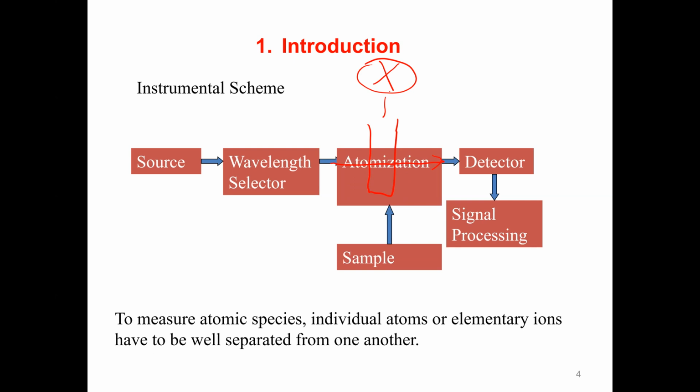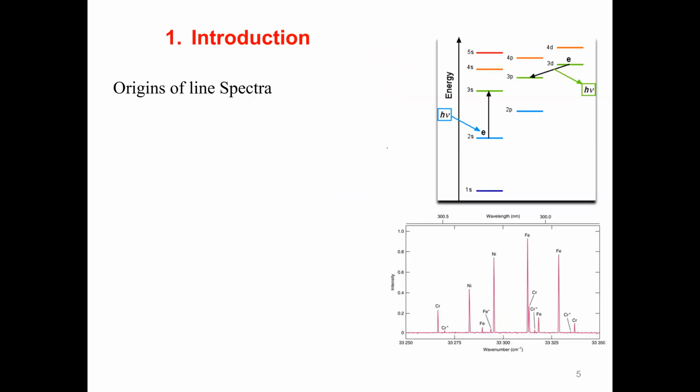In that case, in the radiation way, you got individual atoms here. Your sample is pumped to the chamber and gets atomized. That's a very important difference between molecular and atomic spectrometry. Here is the electronic transitions.